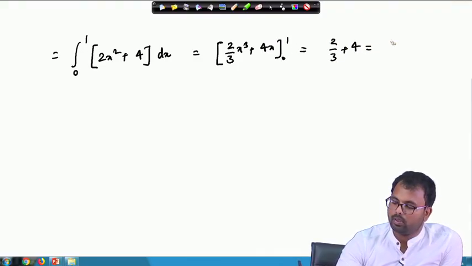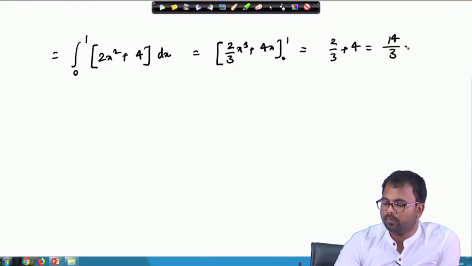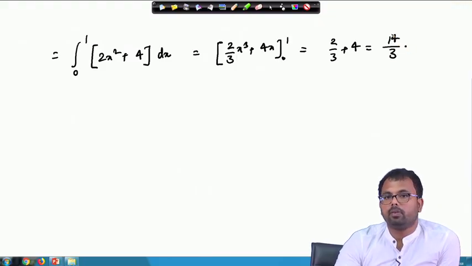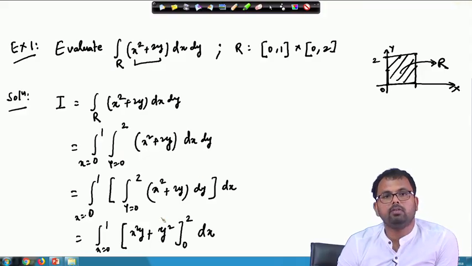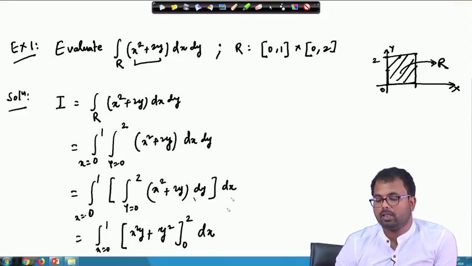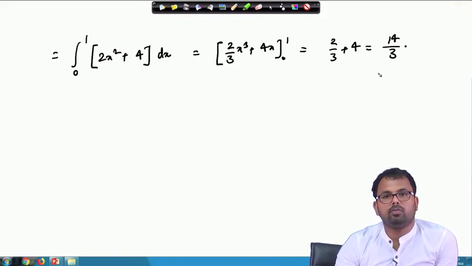So, ultimately 14 by 3. Here we see that we integrated with respect to y first, and then with respect to x, and our answer is 14 by 3.